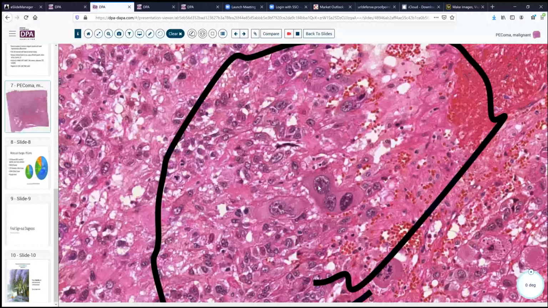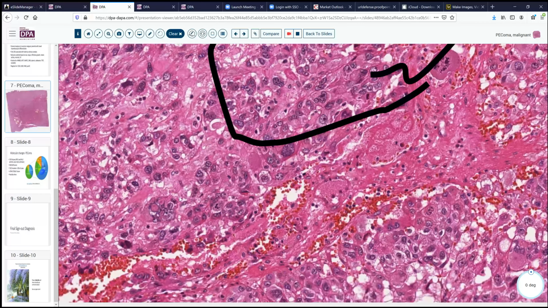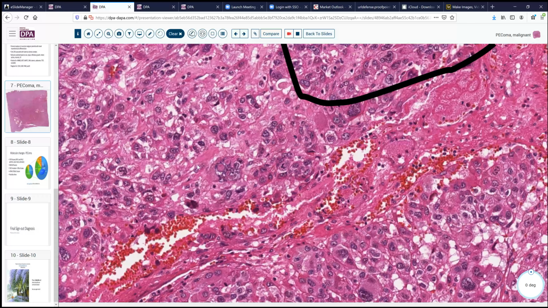Here we see again this area we highlighted earlier with these pleomorphic cells with very prominent bright red nucleoli. That nucleolus is very reminiscent of melanocytic differentiation in some settings, and in this tumor that also is a consideration. Here we see that there are also multinucleate cells. That's another important feature to note. And again, we have nearby a probable mitotic figure.